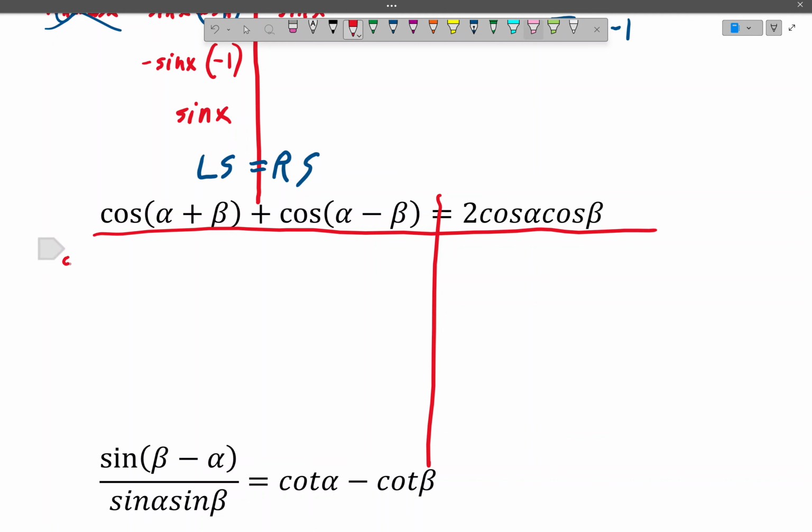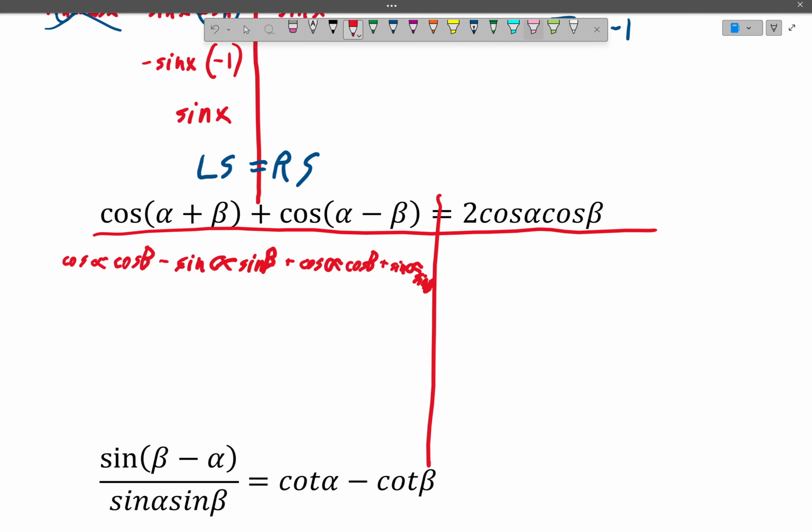So it's going to be cos alpha cos beta minus sine alpha sine beta plus cos alpha cos beta plus sine alpha sine beta.